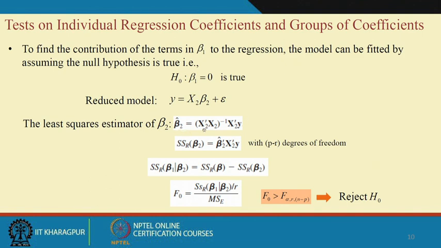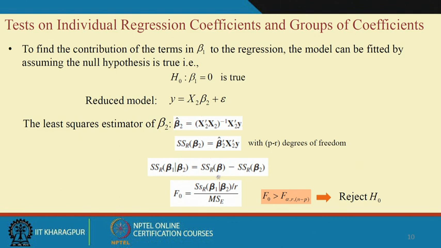So, beta 2 is X2 this, and SSR of beta 2 is this, and obviously here with p minus r degrees of freedom, because you have not taken r number of regression coefficients, this total p, r is taken out. And then what is the SSR of beta 1 given beta 2?